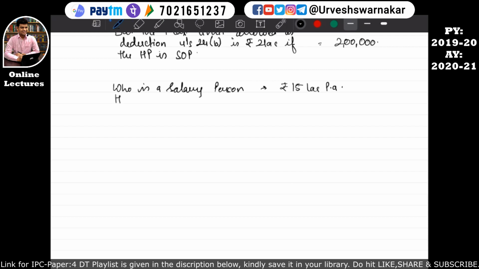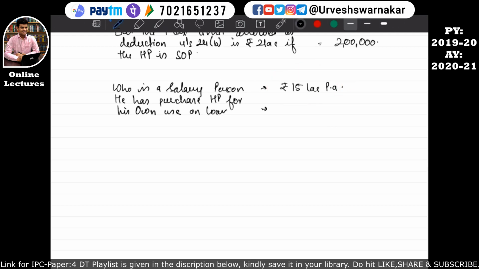Okay, and he has purchased a house property for his own use. Basically he's a salaried person, he is working very hard and earning this 15 lakhs of income, and he has purchased a house property for his own use on loan.